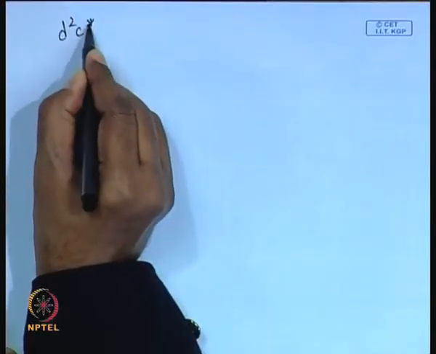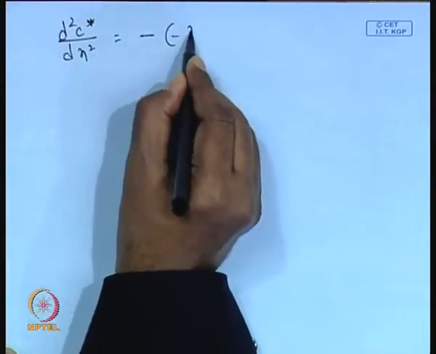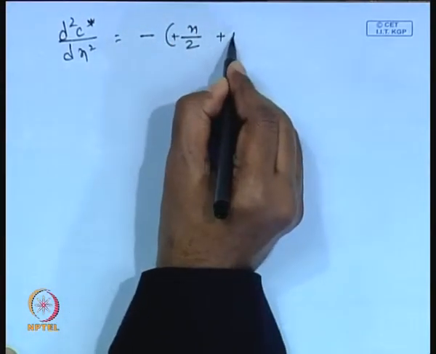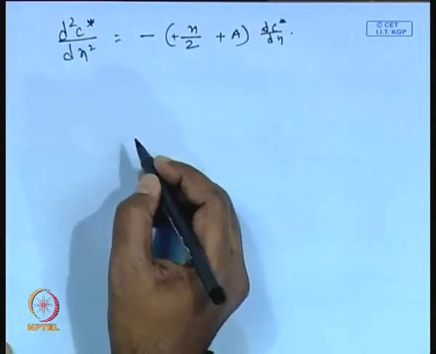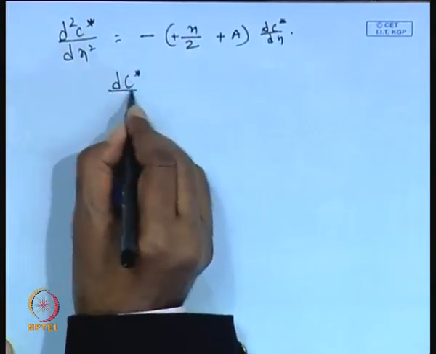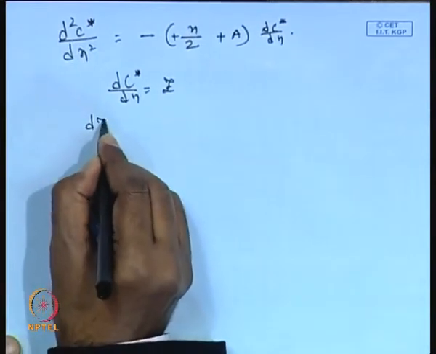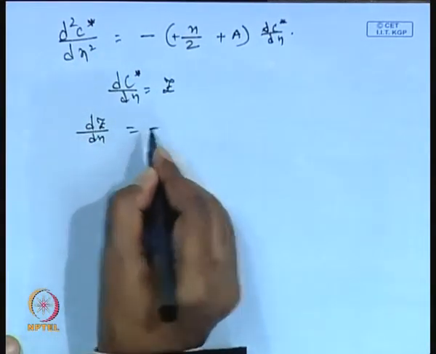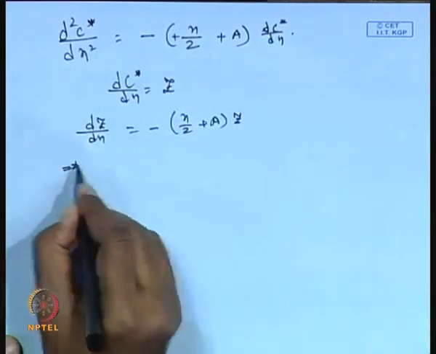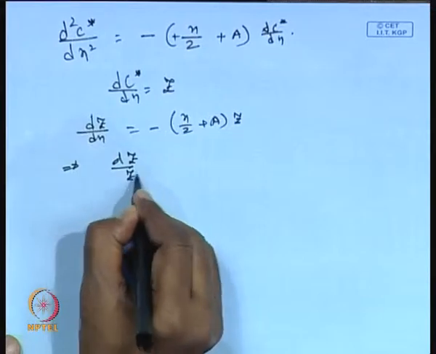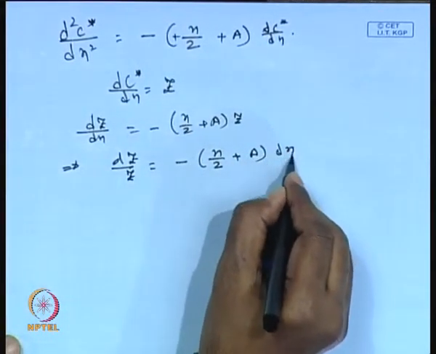Let us write down the governing equation one more time: d square c star d eta square equals minus (eta by 2 plus A) d c star d eta. Now consider d c star d eta as another variable z. So this becomes dz d eta equals minus (eta by 2 plus A) times z, so dz by z is equal to minus (eta by 2 plus A) d eta.